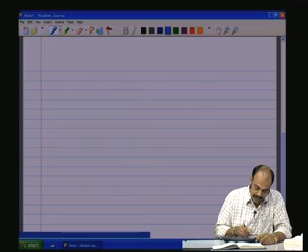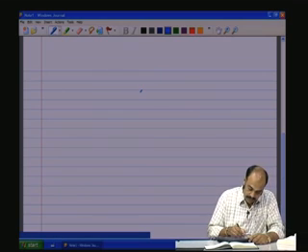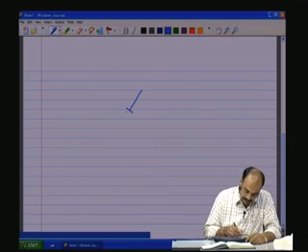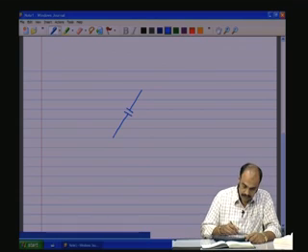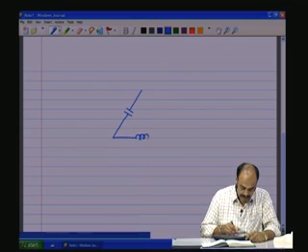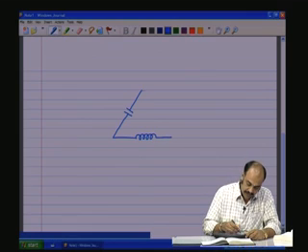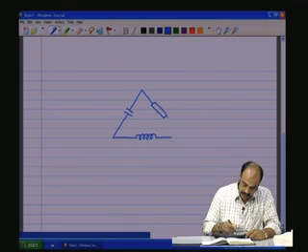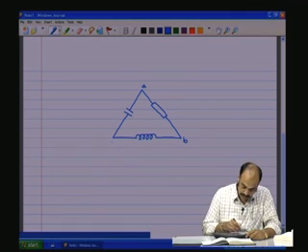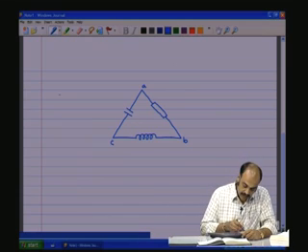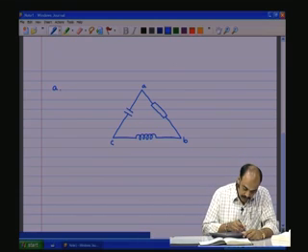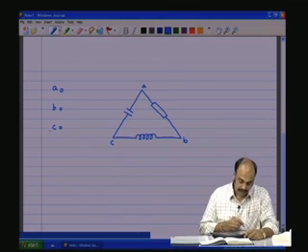Now, let us say we have the following delta circuit, that is, I have a capacitance, I have an inductance, and I have the resistance, R, L, C, all three. Each phase is having totally different types of impedances. Let us say this is the A point, B point, and the C point, and we have the three source terminals A, B, C 120 degrees apart from each other.